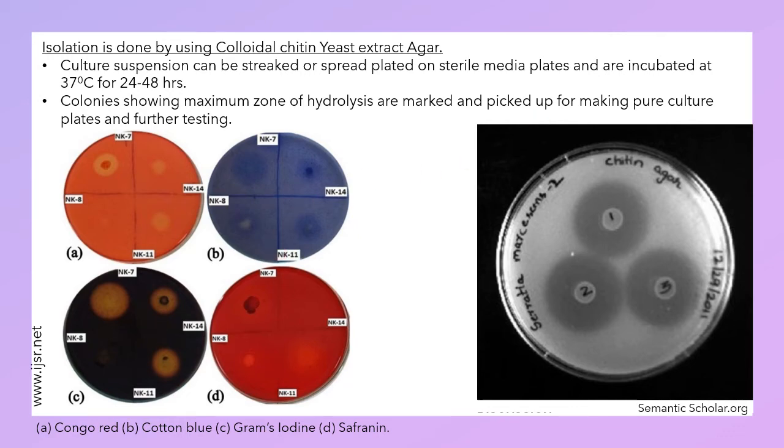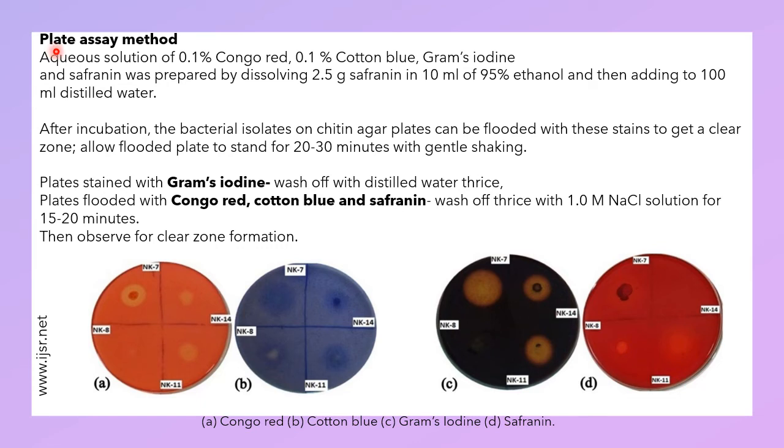One more thing I would like to add here is, when you do the plate assay method, that means when you use some stains, you should actually go for replica plating, because when your culture gets exposed to these stain solutions, you are actually contaminating your culture. For example, safranin has ethanol, so your culture is getting exposed to ethanol.